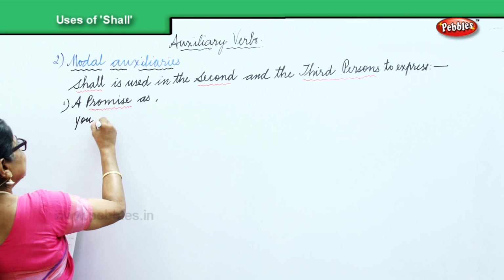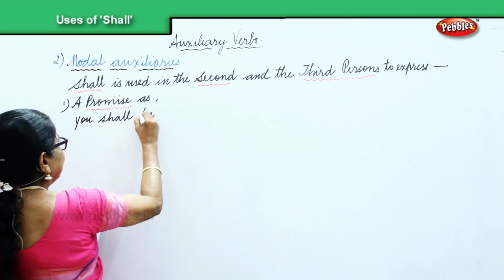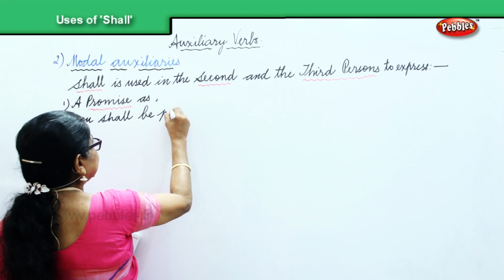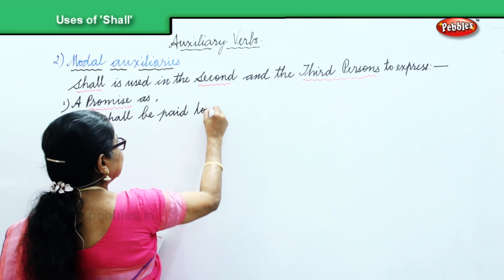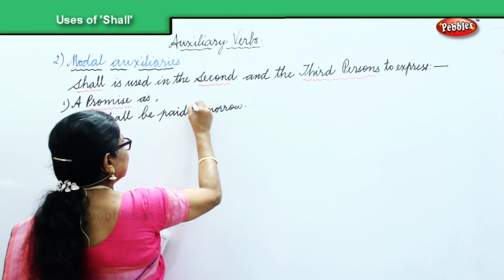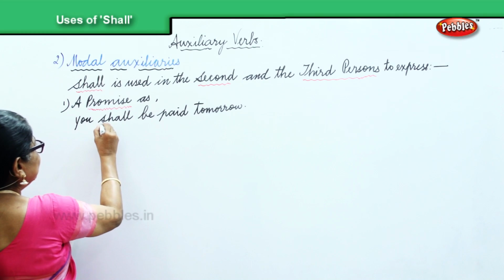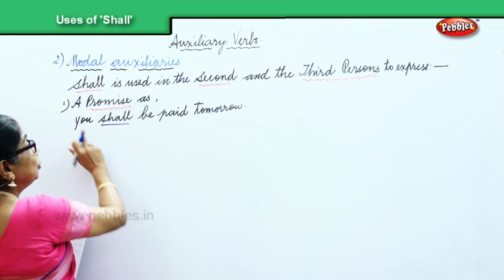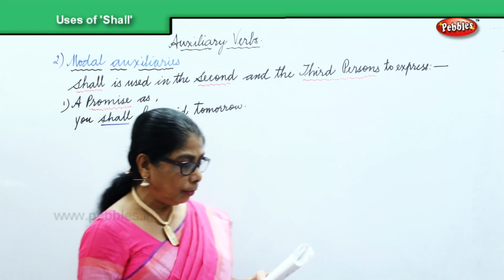You shall be paid tomorrow. Here, let's look at the shall. You're using it with you, the second person. You shall be paid tomorrow.